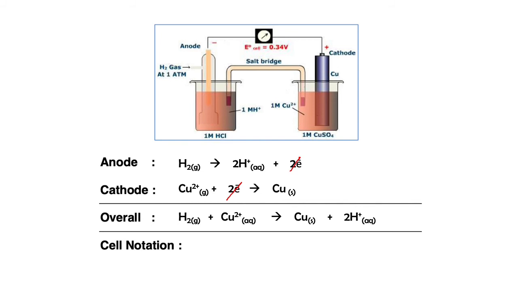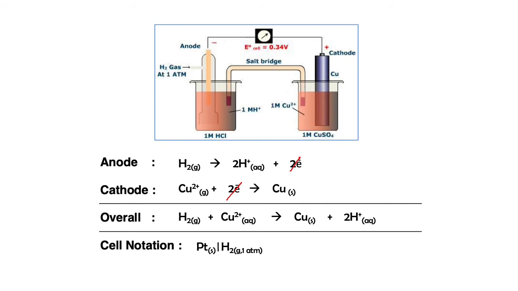Now in cell notation that involves gas, first you have to write the electrode, which is the platinum. For gas, you have to write the electrode. Separate, then you start with the gas, which means this gas is produced at the platinum or at the electrode. So don't forget the state, and don't forget to put the pressure if given.